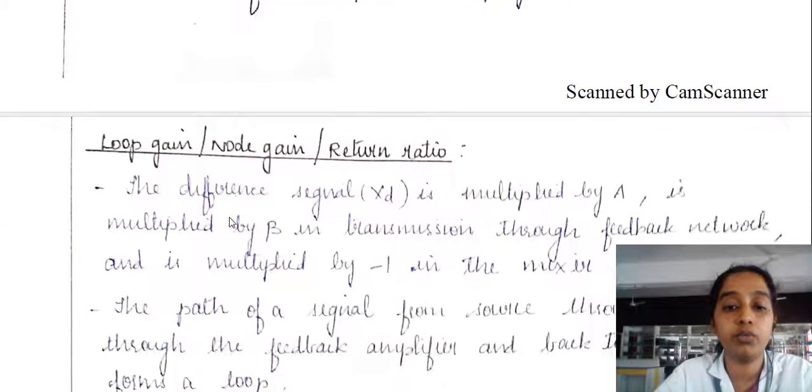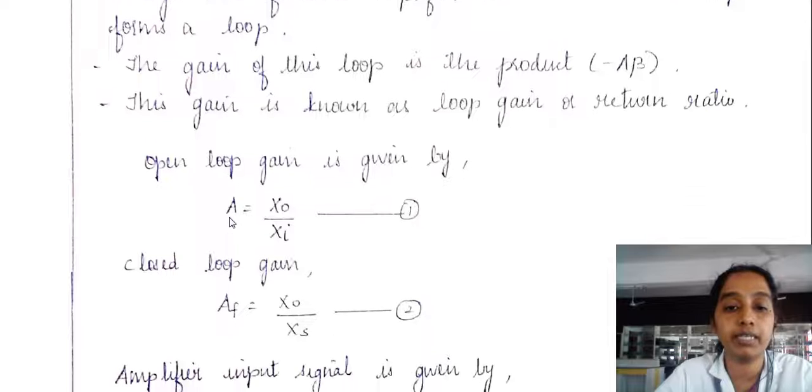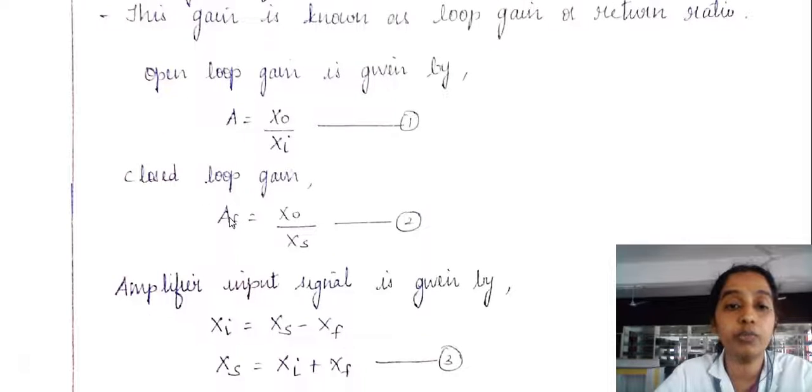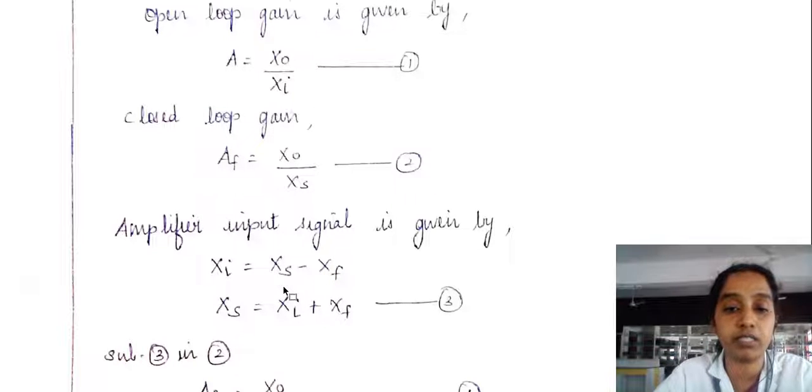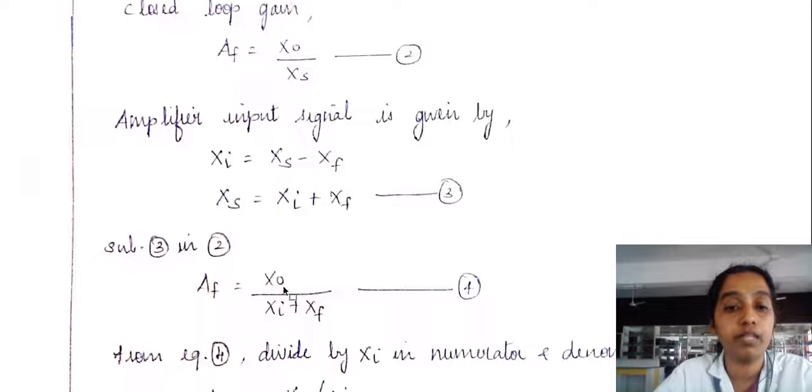So A is considered as X naught by Xi, and closed loop gain with the feedback, AF, is considered as X naught by Xs. So the amplifier input signal Xi is the source signal minus the feedback signal. And what is the source signal? Xs is Xi plus Xf. So consider now Xi plus Xf instead of Xs.